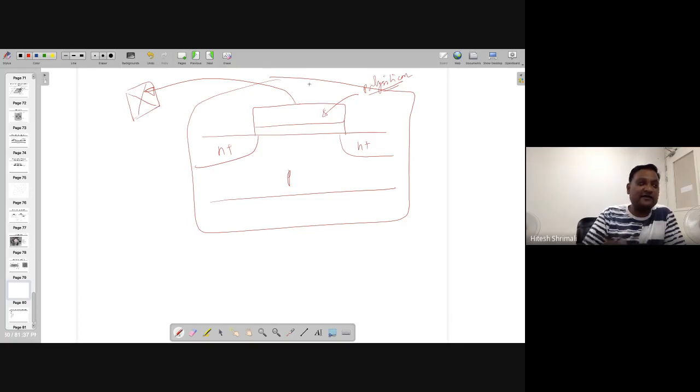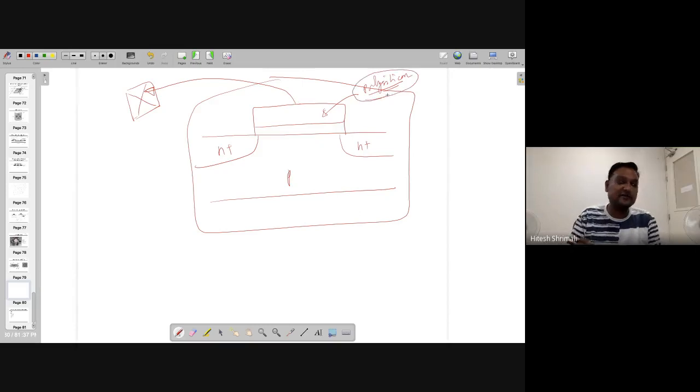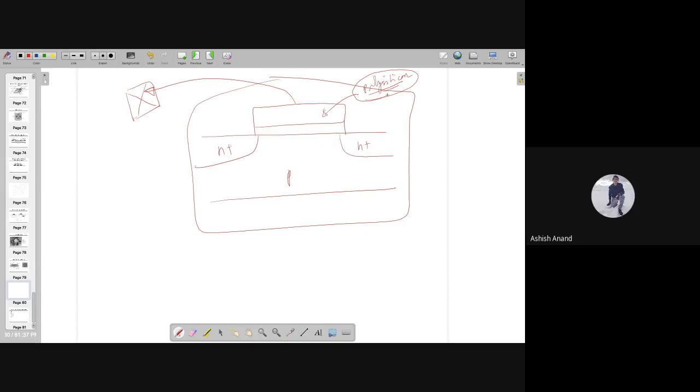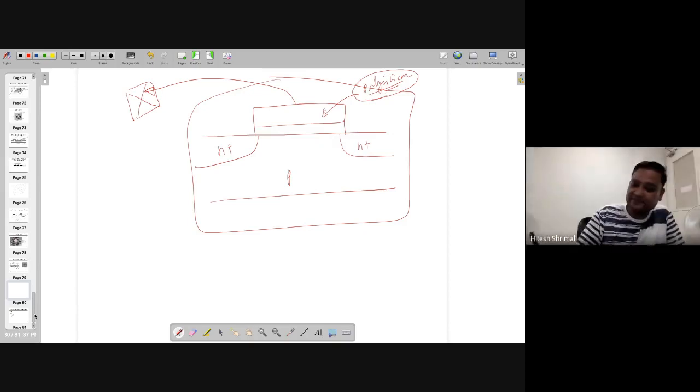And outside it's metal, and that's how it's a metal oxide semiconductor. Otherwise, inside it's polysilicon, and that's not metal. So if you want to make discrete components, it's always a metal oxide semiconductor. Right? Okay, sir.